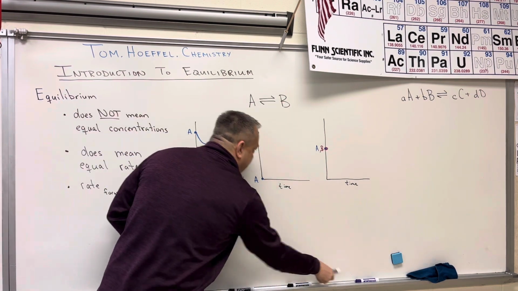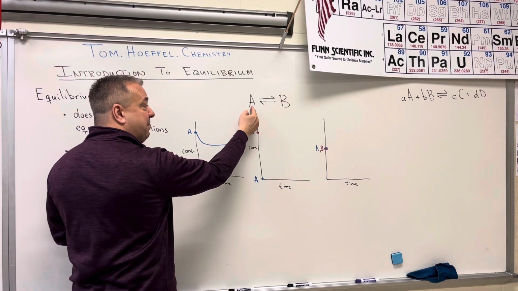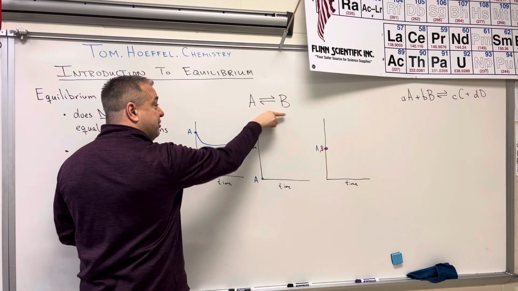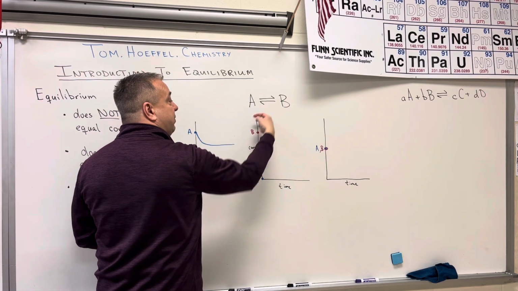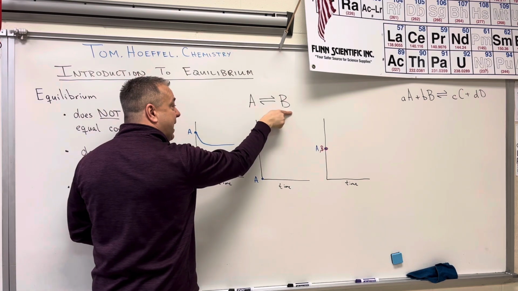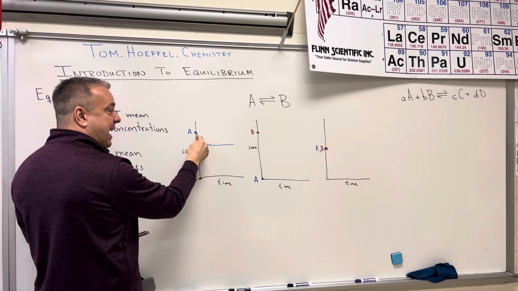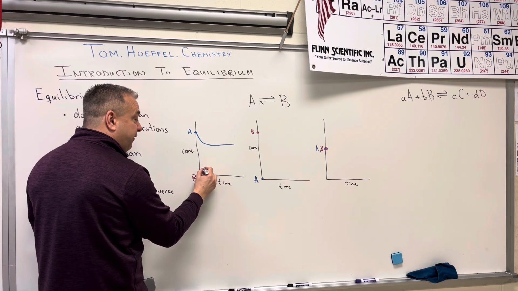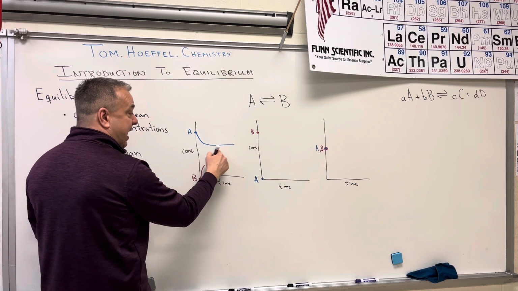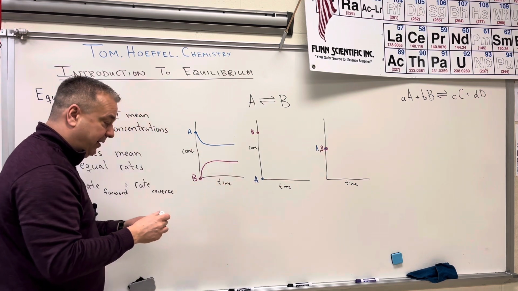And then the B, if this is decreasing in concentration, that means it's reacting in this direction faster than it's reacting in the reverse direction. So if A is reacting, that means it's producing a certain amount of B. So if this reacts fast initially, then this is produced fast initially, and then as it levels off, this one should level off as well.